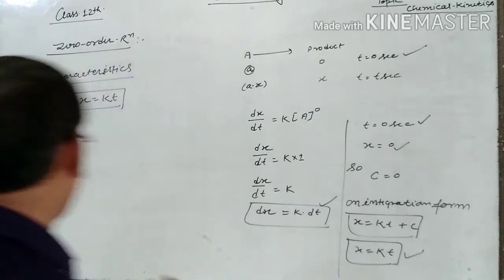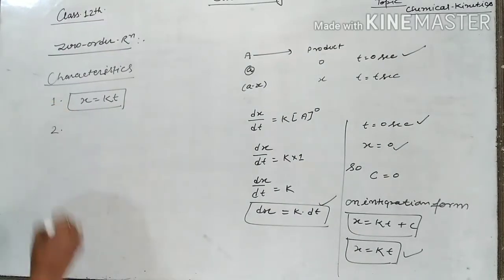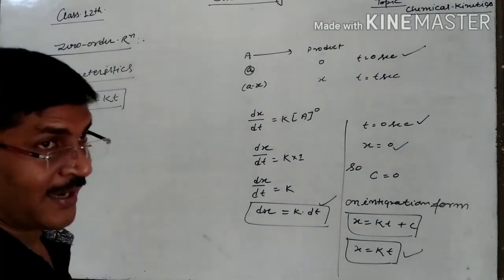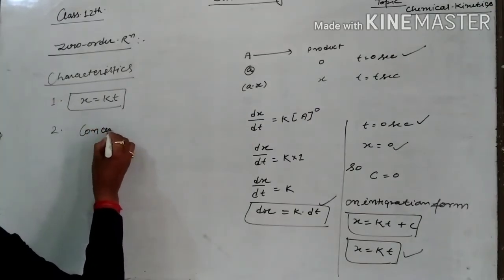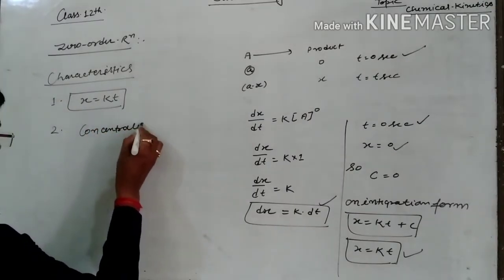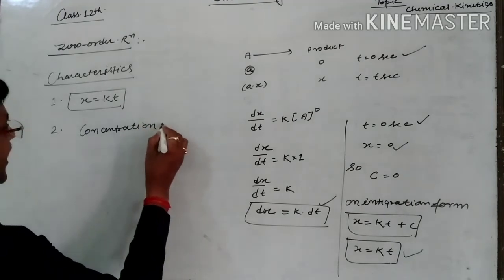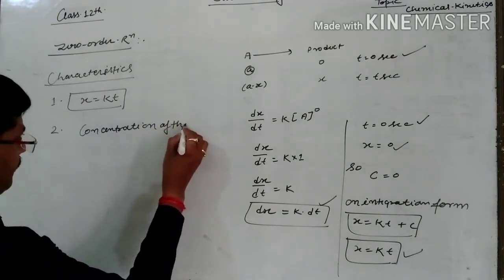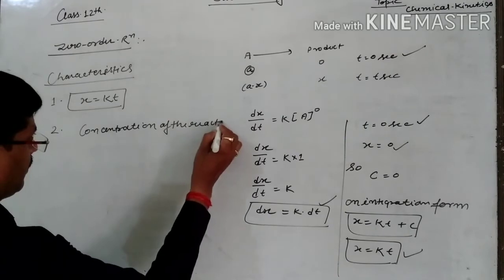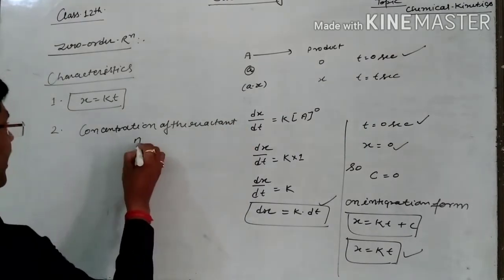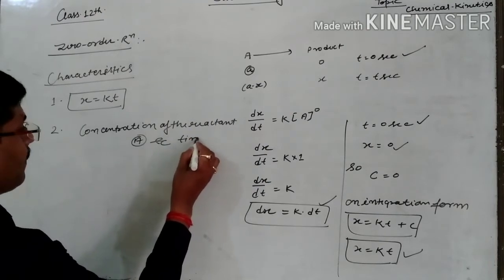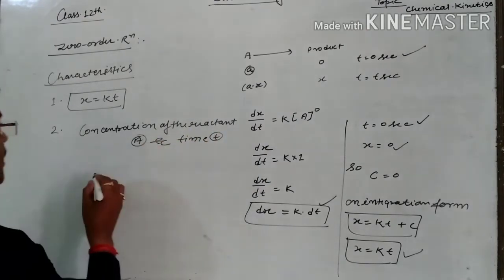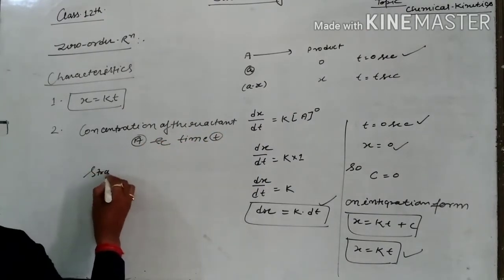After that, if I plot a graph between the concentration of the reactant A and time t, then we will find a straight line.